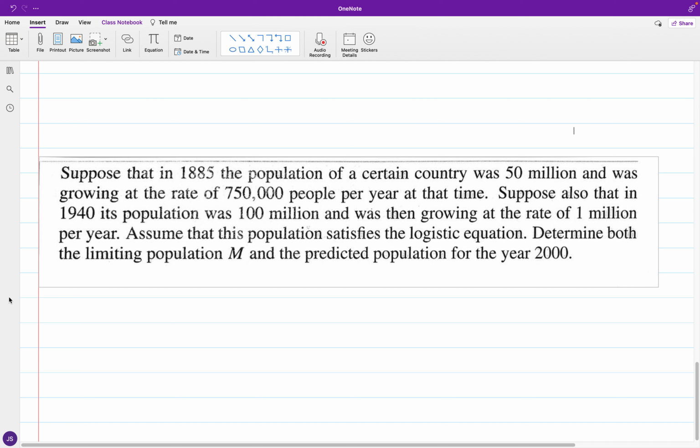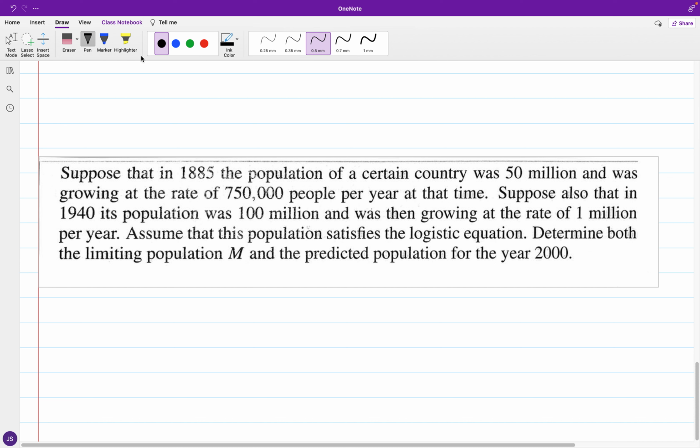Okay, and 2000 is very much in the rear view mirror, but just looking at this problem, modeling what we have going on from 1885 to 1940, and then looking at how the numbers would project for the year 2000. In the case of 1885, the population is 50 million, and I'm just going to write 50 for the number of millions.